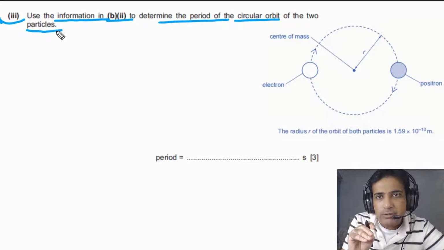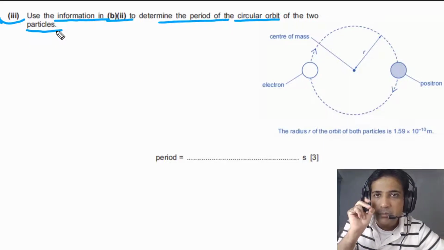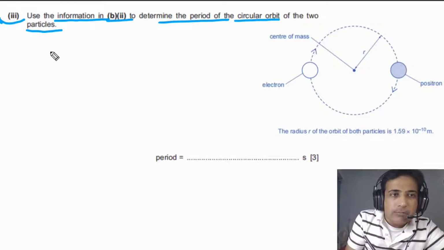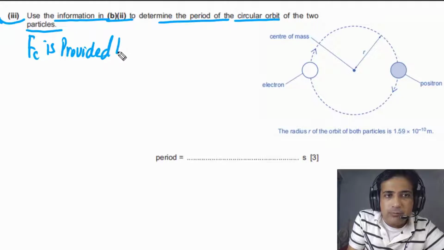These two particles, they have the same period and they also have the same speed. So we need to calculate the time period. In order to calculate the time period, we need to consider the circular motion, meaning we need to consider centripetal force. In this case, centripetal force is provided by electric force. So you can write down the first point, centripetal force is provided by electric force.